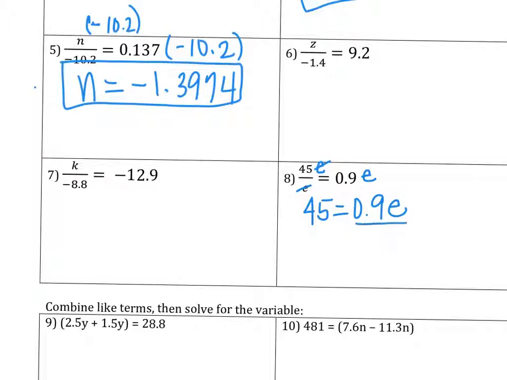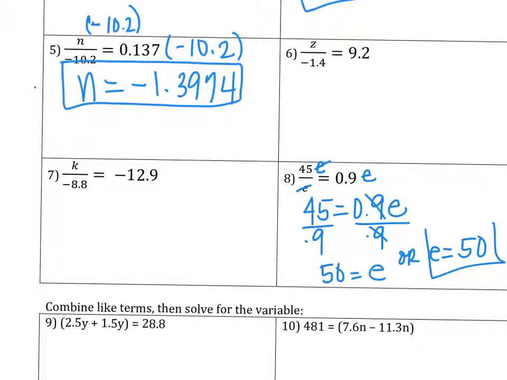We divide both sides by 0.9, and we get 45 divided by 0.9, which is 50, equals e, or e equals 50. So again, when our variable is in our denominator, just multiply it on both sides and it will bring it to the numerator, or to the top, to form a different equation that you can work with.